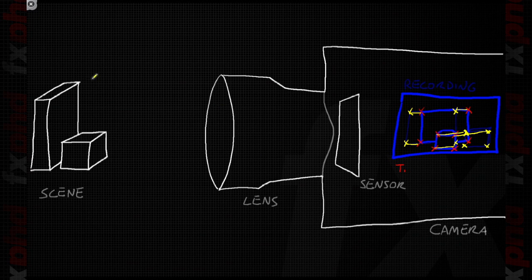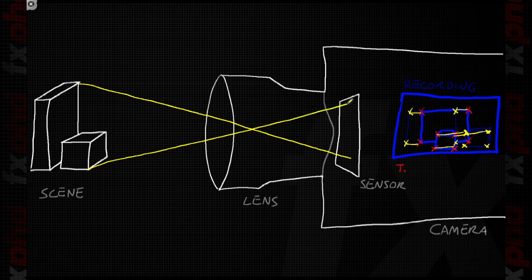So let's create a line from this top area of the cube, going through this side, and now from this one, here on the bottom, that are going in the opposite direction. Here you are. So this is now revealing an effect, which is the image from the outside inside the sensor is going to get upside down.